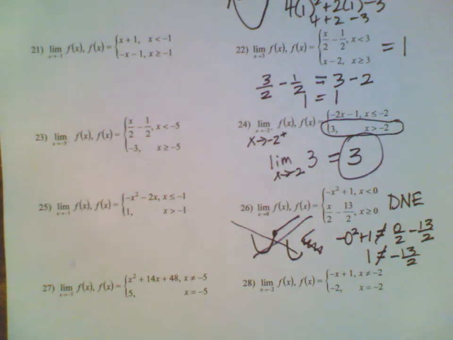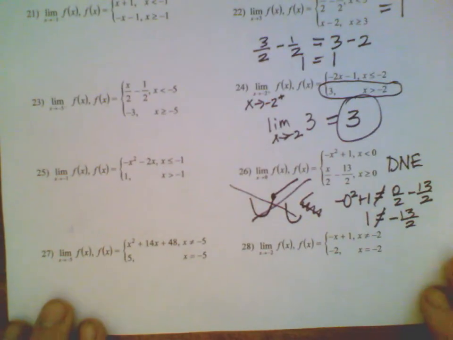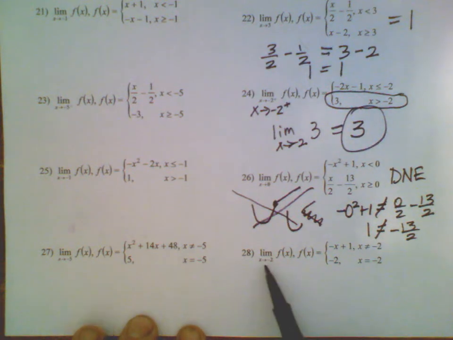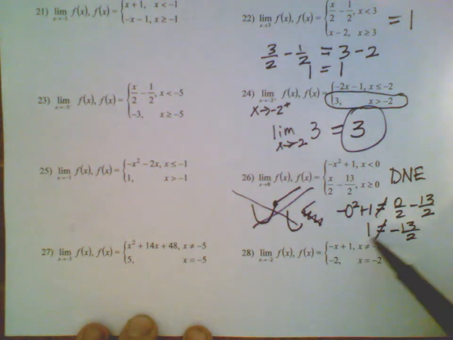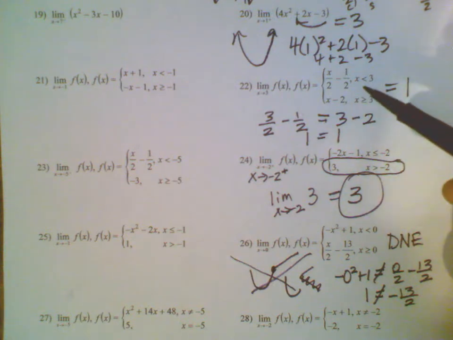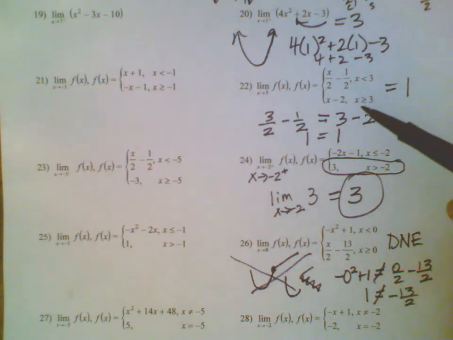So let's try another one. Again, this next one is not from the left, not from the right. We just need to check to make sure that they are going to meet, but I have another issue here. All of the rest of these had a breakdown of the function that said on the left it's this function, on the right it's the function below.